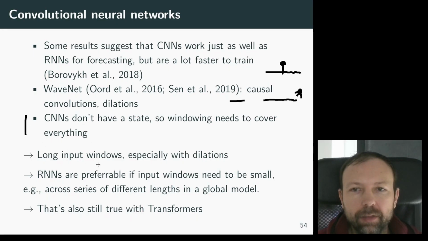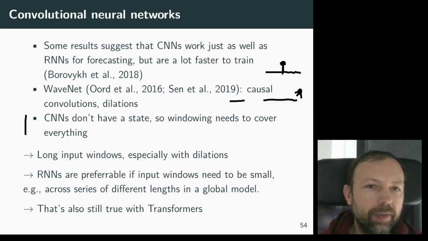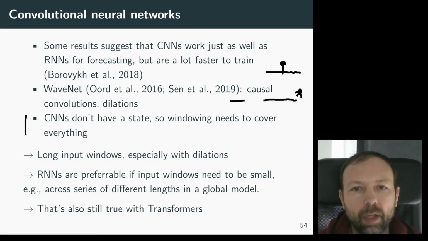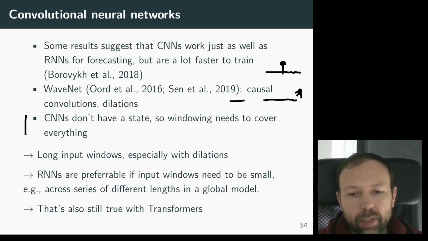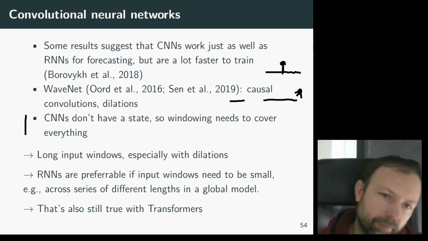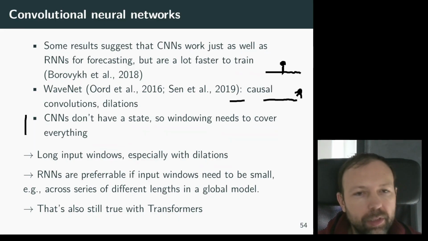CNNs don't have a state, so the windowing needs to cover everything that you want to use for the forecasting. And that means that often you need to use quite long input windows, especially with dilations. If you want to model a yearly seasonality of a daily time series with a CNN, then your input window needs to cover that and be at least 365 data points long. Of course, you can then also use Fourier terms and so on, but at least in principle, that's the idea.